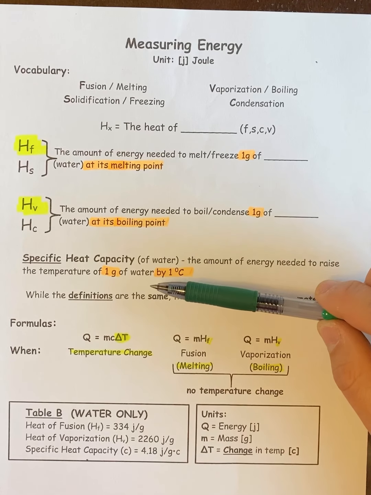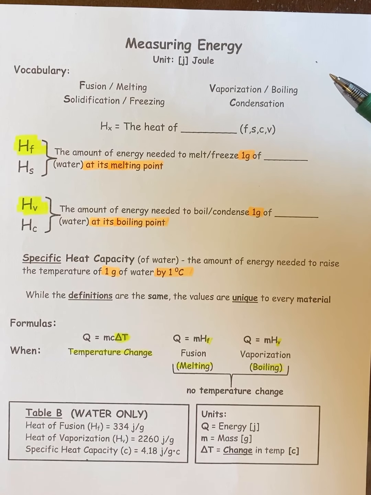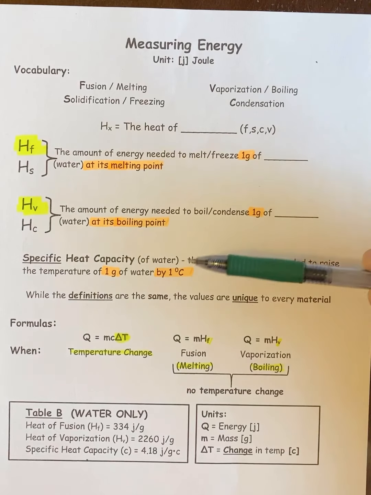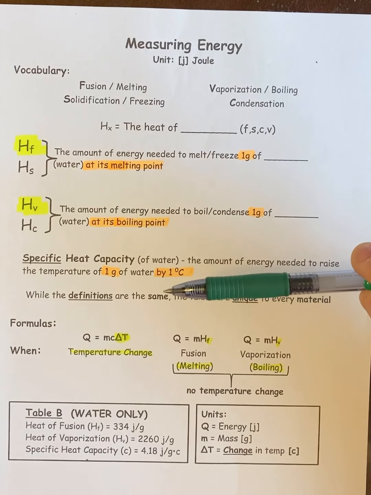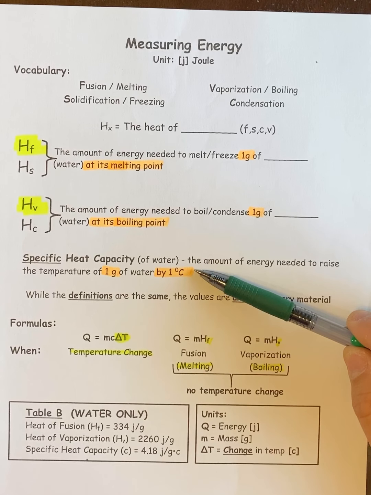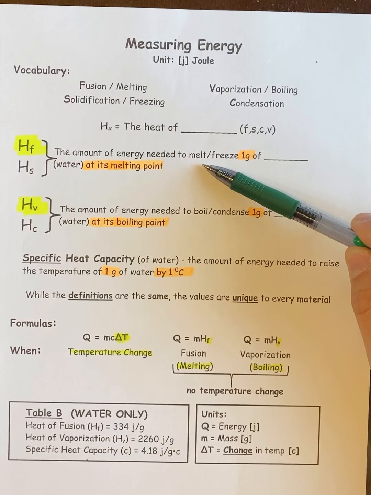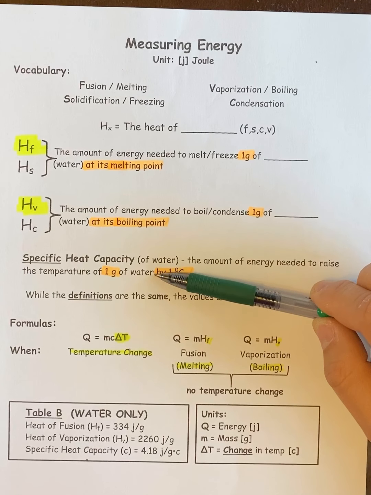Now, if you think about those definitions, and then if you think about a heating cooling curve, there's really only three things that happen to water. Let's say we're talking about a heating curve. We start below freezing and the temperature goes up. Well, this definition handles the energy gained by temperature change. Then it flattens out and melts. Well, that's what this definition is for. Then it heats up again until it starts to boil.